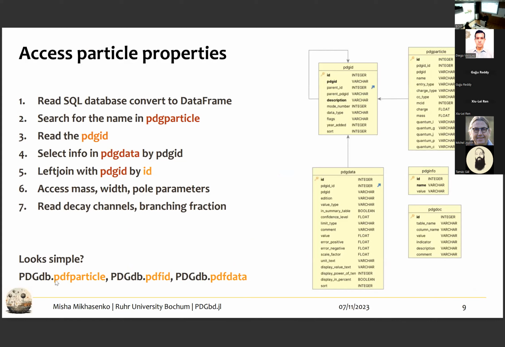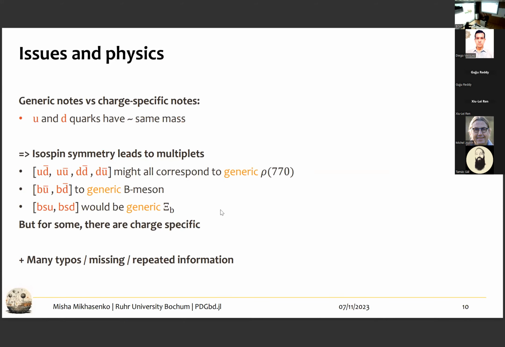You can also access the separate data frames that are pulled from the MySQL. My main motivation was to understand the structure, see inconsistencies, and find this PDG ID that I need for my encoding. So quickly on issues, the physics-driven issues.